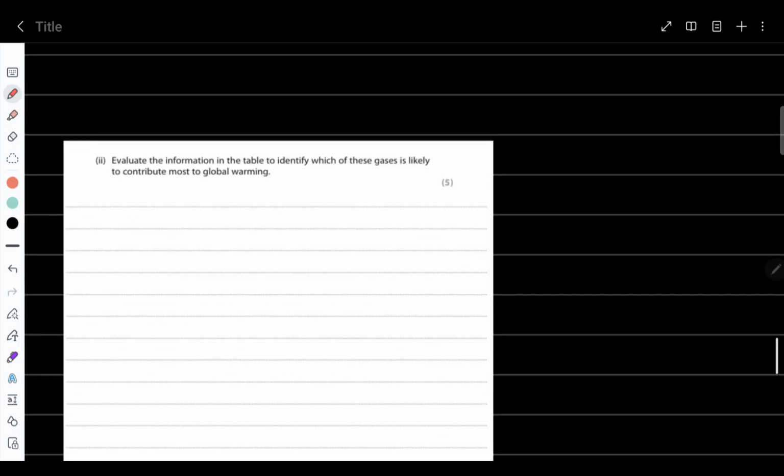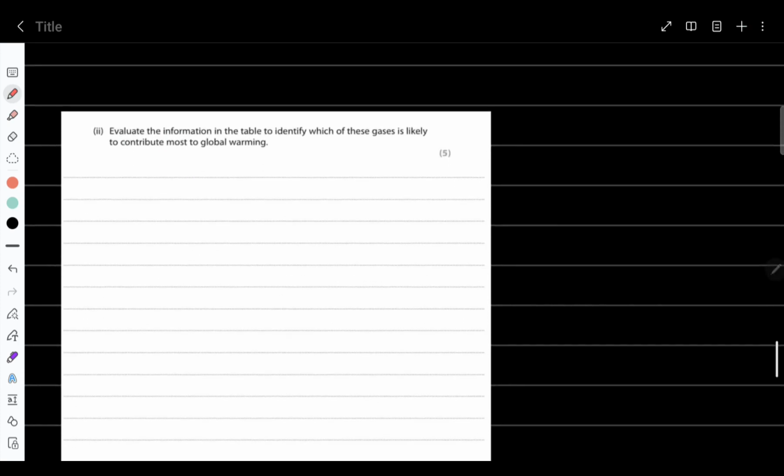In B part 2, they have asked you to evaluate the information in the table, the table we saw above, to identify which of these gases is likely to contribute most to global warming. Evaluate is a command word. What does this command word represent?